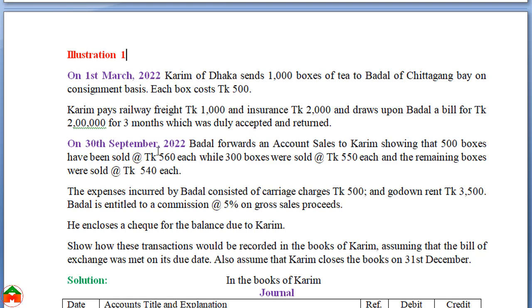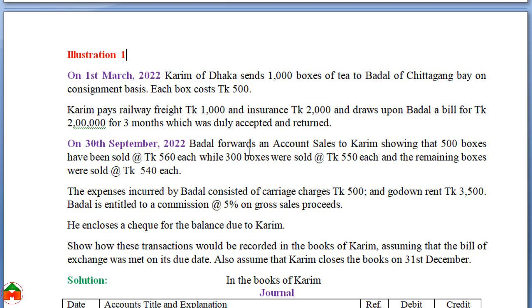However, on 13th September 2022, Badal is the consignee who has forwarded an account sales. We know account sales are prepared by the consignee after selling the products or goods.